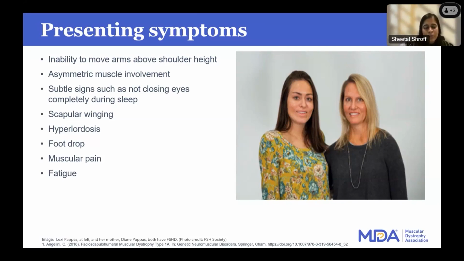Patients usually don't report this because they don't know what they're doing when they're asleep. It's usually the family members who give that history. Scapular winging, the protrusion of the scapula, shows when patients make the stop sign with their arms extended. We also see hyperlordosis, foot drop in more advanced conditions, muscular pain or myalgia, and fatigue. Next slide, please.